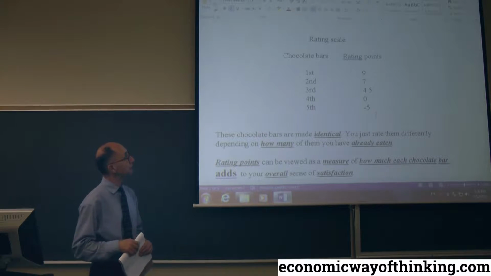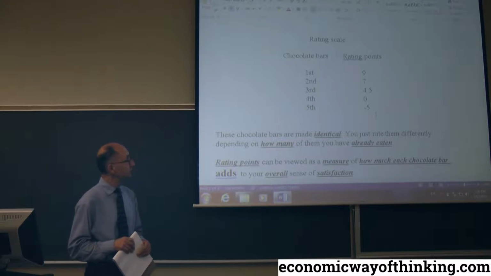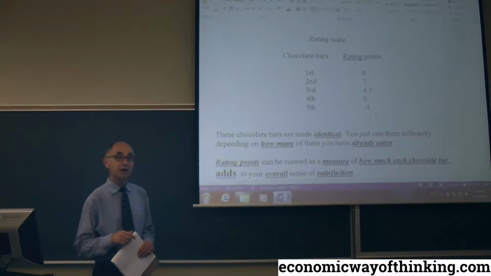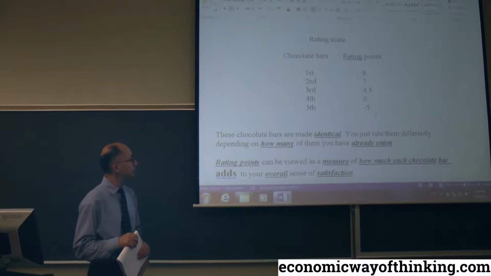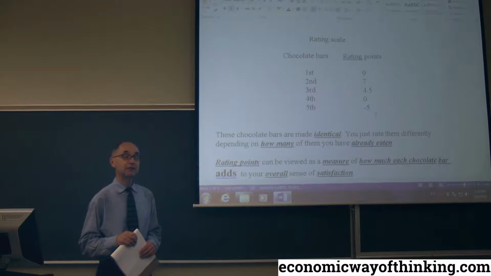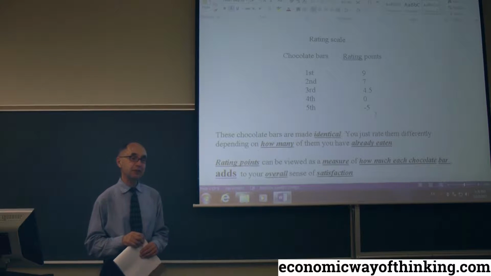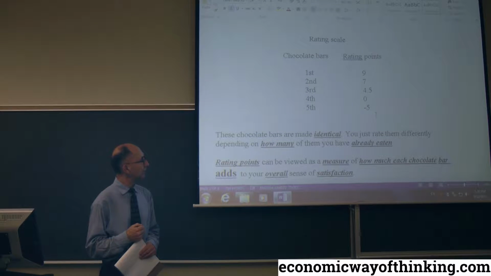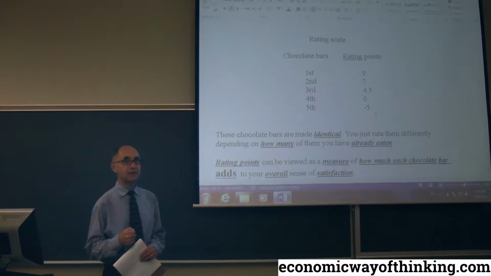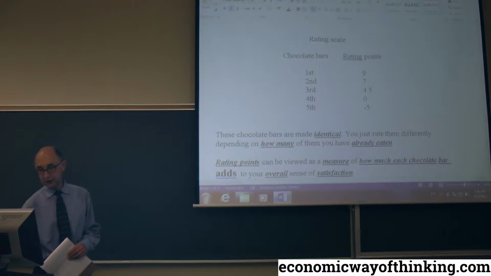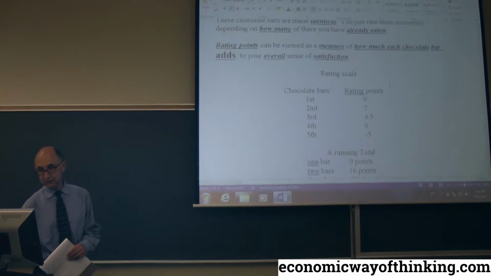And the rating points you assign to each bar can be viewed as the measure of how much each chocolate bar adds to your overall level of satisfaction. So economists have a special name for the sense of satisfaction. They call it utility.